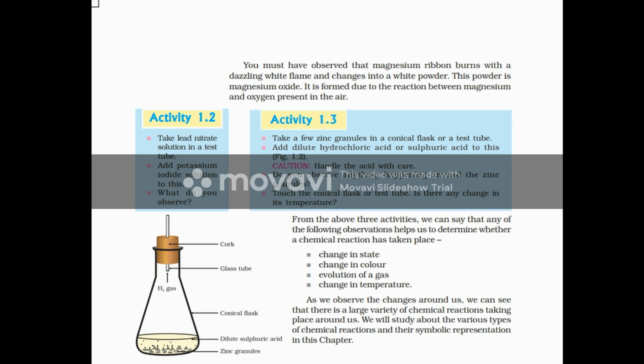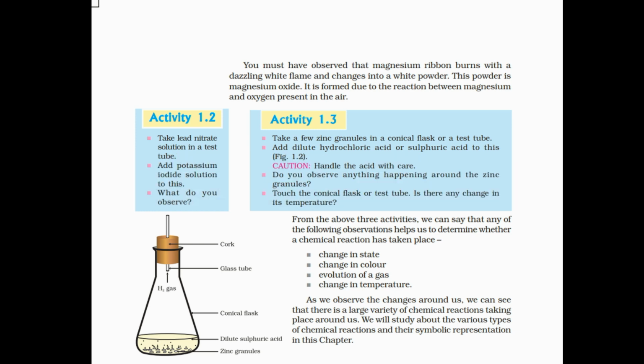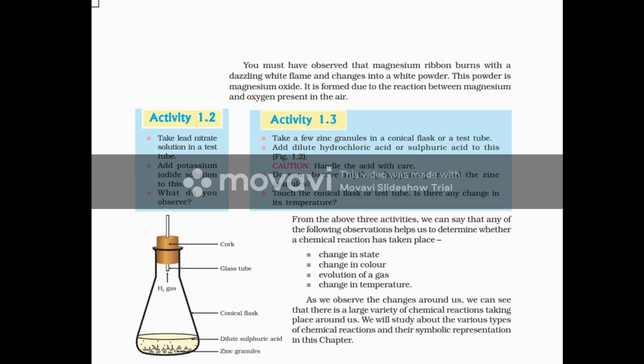You will observe that hydrogen gas is liberated when dilute sulfuric acid reacts with zinc granules. After this reaction, zinc sulfate and hydrogen gas are formed.